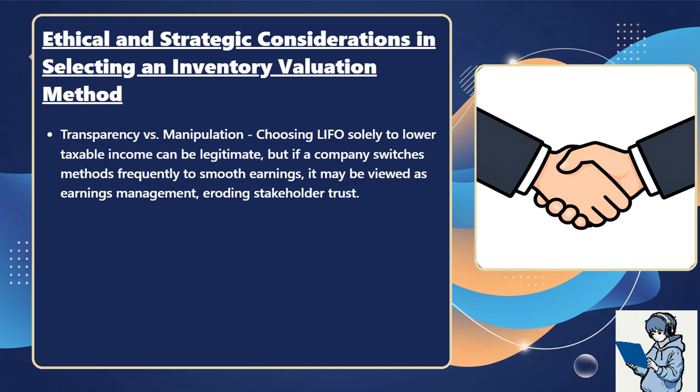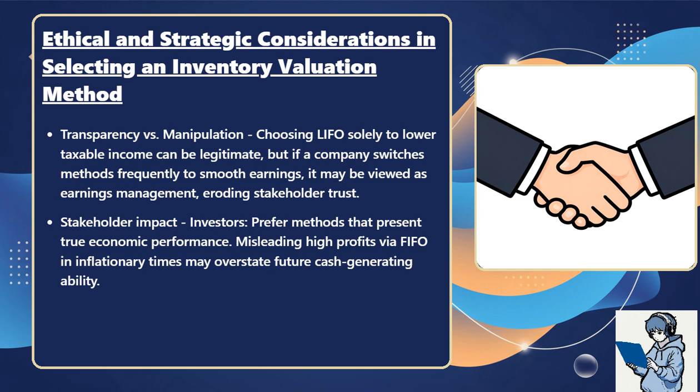Transparency versus manipulation: choosing LIFO solely to lower taxable income can be legitimate, but if a company switches methods frequently to smooth earnings, it may be viewed as earnings management eroding stakeholder trust. Stakeholder impact: investors prefer methods that present true economic performance. Misleading high profits via FIFO in inflationary times may overstate future cash-generating ability.